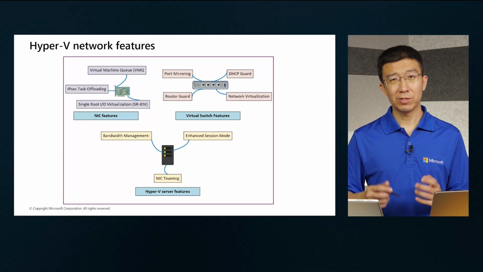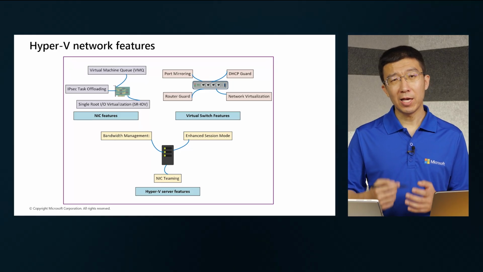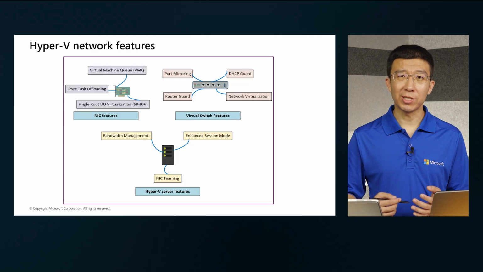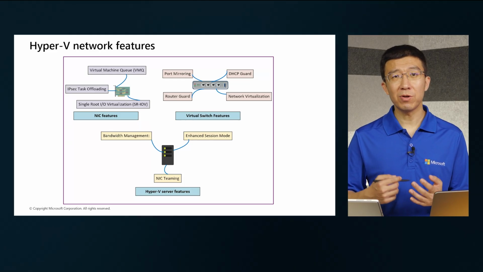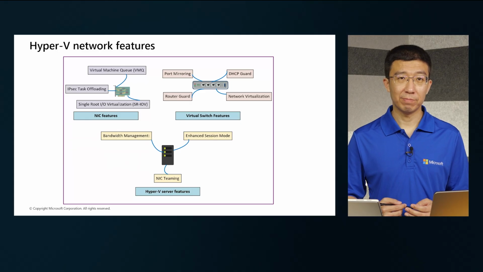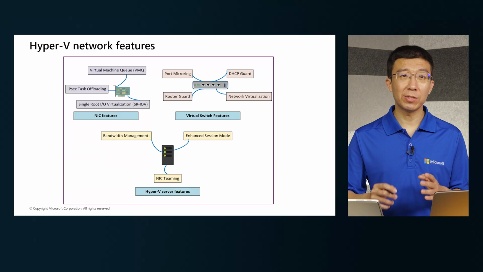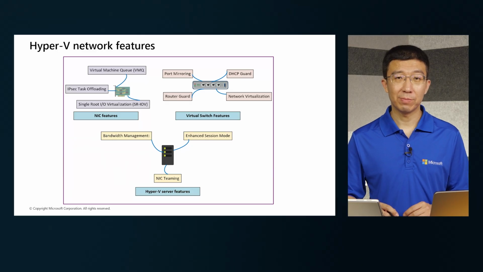Security features such as DHCP guard and router guard help prevent rogue DHCP servers and unauthorized routers from causing network disruptions. Port mirroring makes it possible to monitor network traffic for troubleshooting or security analysis.